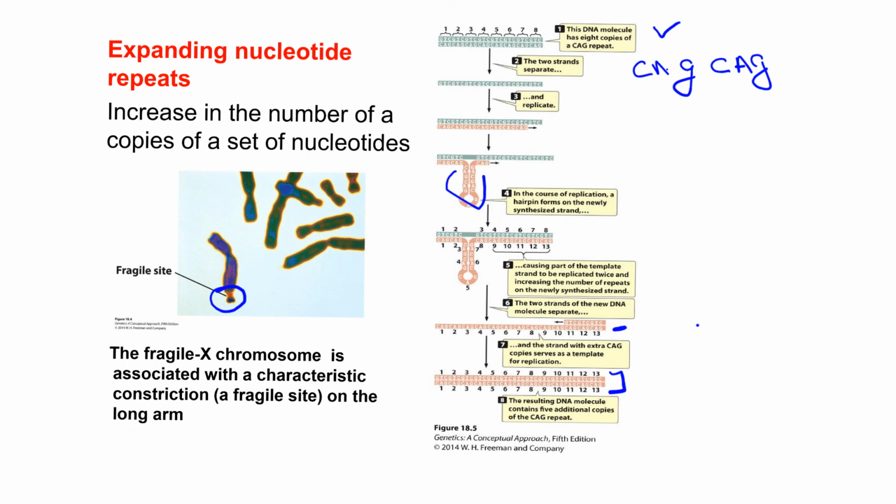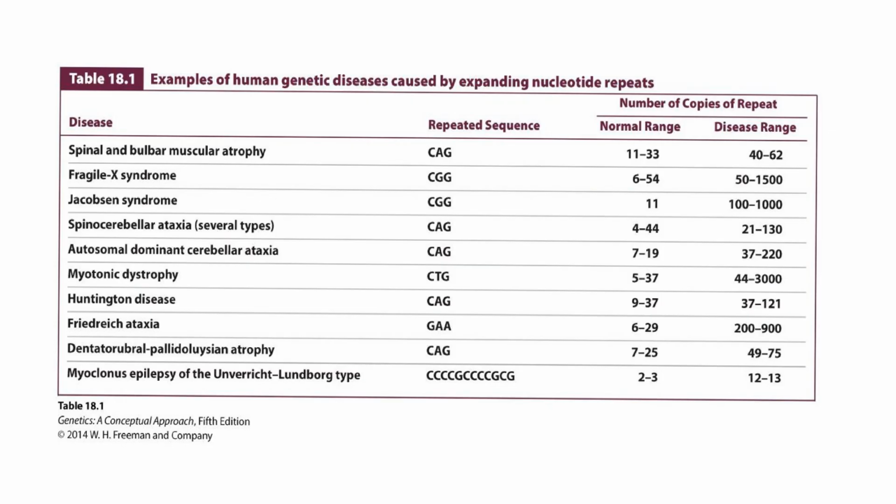There are several disorders which are actually caused by expanding nucleotide repeats, and they are summarized in the next slide. This table just shows you some examples of human genetic diseases caused by expanding nucleotide repeats. You don't have to memorize them, just know that these genetic disorders have very high impact.